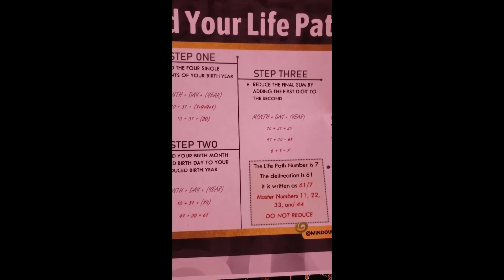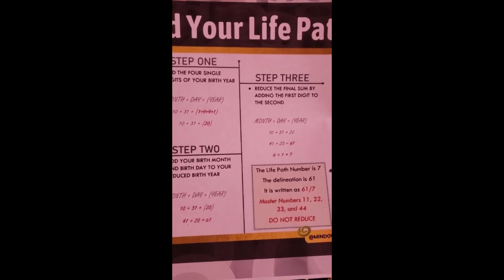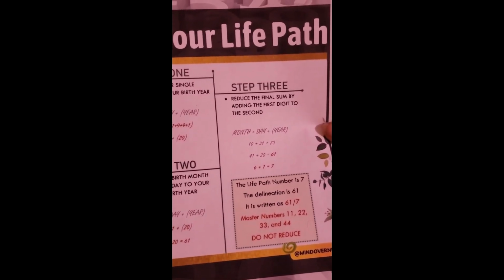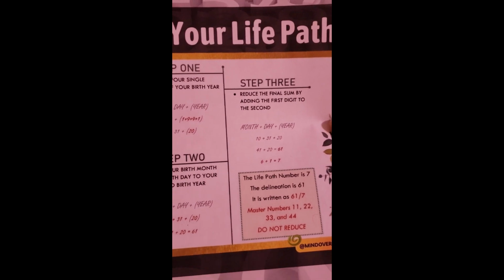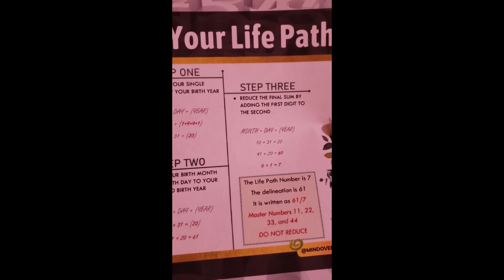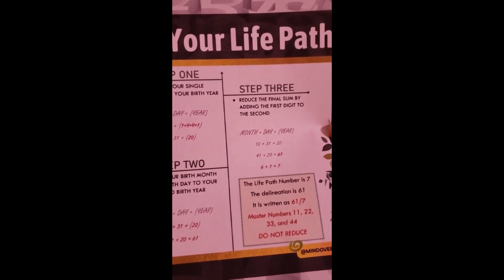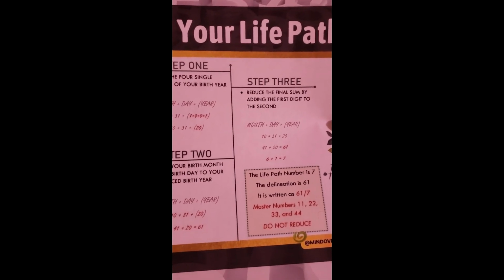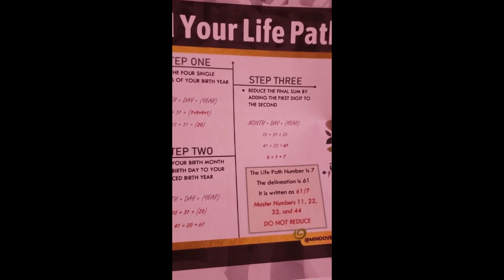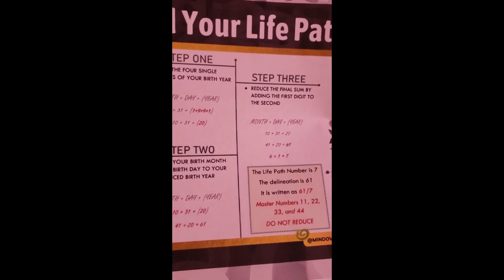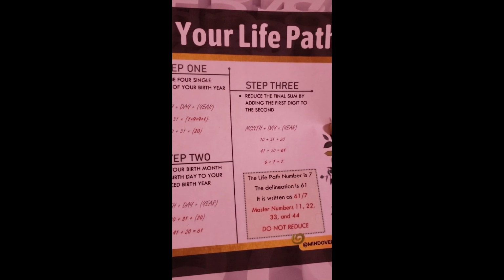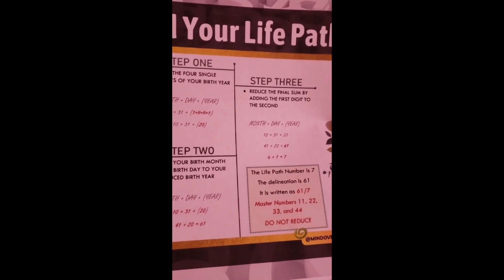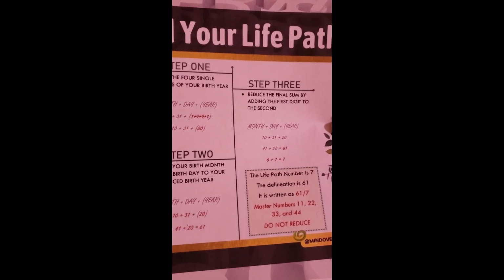It's like the street number of your life path. It provides us a deeper insight into really the neighborhood of your life path. Now, master numbers don't get reduced, which are 11, 22, 33, and 44, because those carry a heavier, more powerful energy.